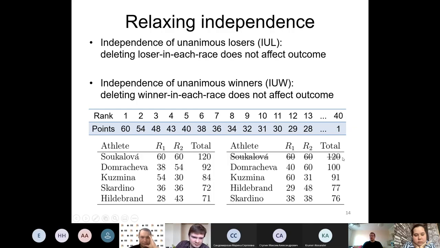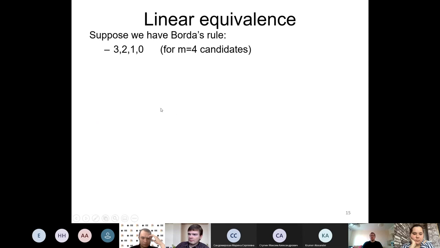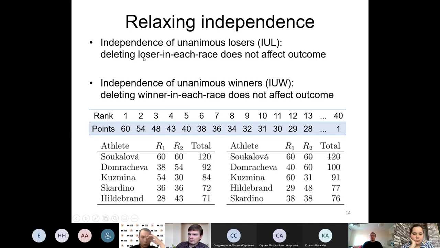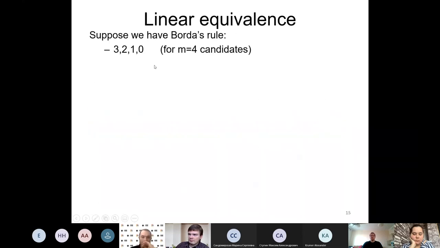And after her hypothetical disqualification, we'll have that Dobracheva now is the first, Kuzmina second, but Hildebrand and Skardino changed their positions. So here we have that the real scoring vector that the biathlon IBU World Cup uses is vulnerable to this kind of paradox. And this paradox is what we can fix.